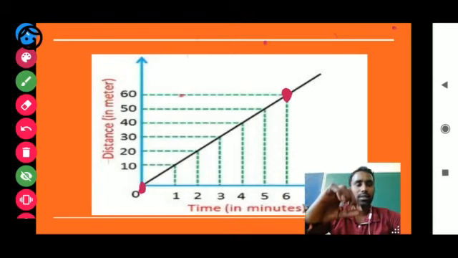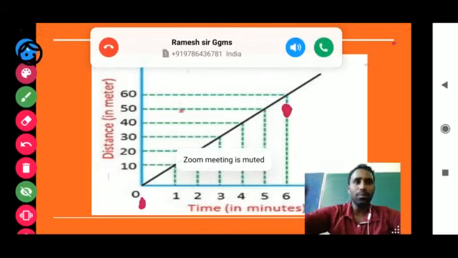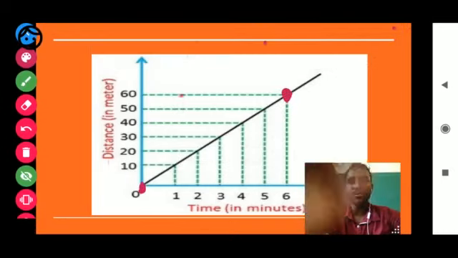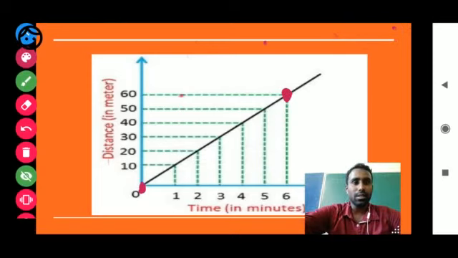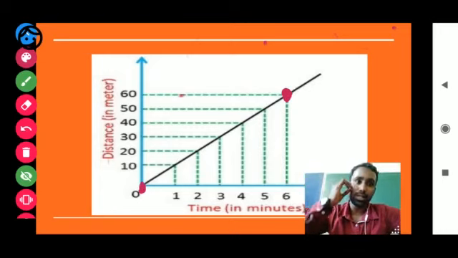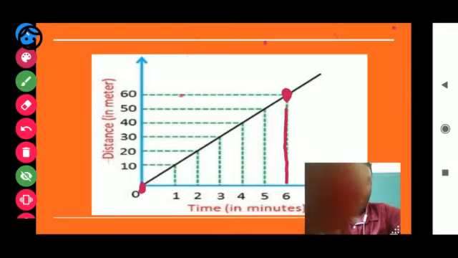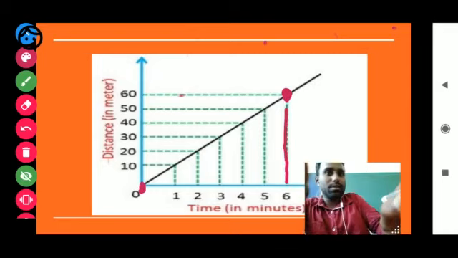So whenever it is going in a uniform, straight manner, what is this axis? This is the y-axis. The y-axis we have taken as distance. So how much distance can it cover? Just draw the line here and connect with the axis.